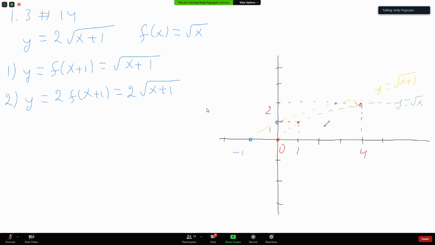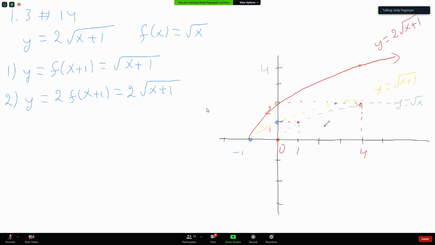Because we haven't finished it yet, the last one, I need to stretch by a factor of 2. Now y equals 0 stays the same. Y equals 1 becomes 2. 2 becomes 4. This would be the final graph. So y equals 2 times square root of x plus 1.